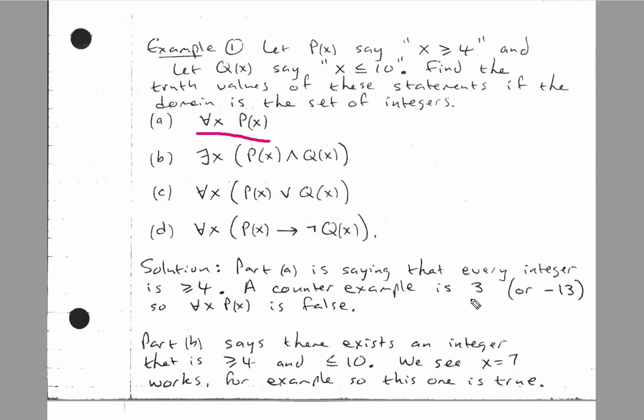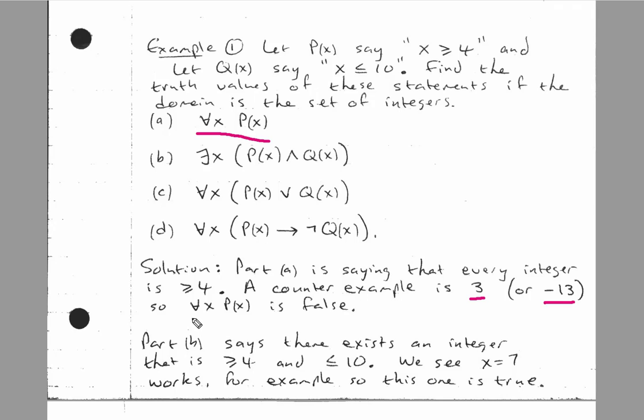Yeah, so you can think of 3 or 2, or it has to be an integer, but negative 13, so any number to the left of 4 on the number line is going to work as a counterexample.